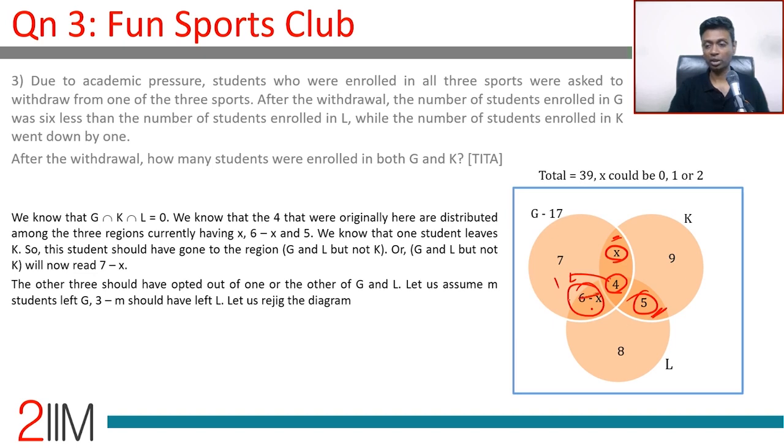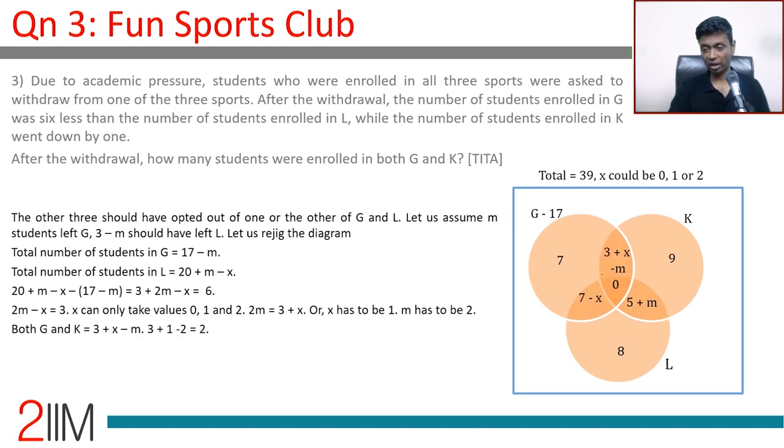So if 1 goes here, this is going to become 7 minus X. Now we don't know how many go here and what go here. Totally 3 disappear here. So if you account for one other variable, say M students come here, then 3 minus M students go here.